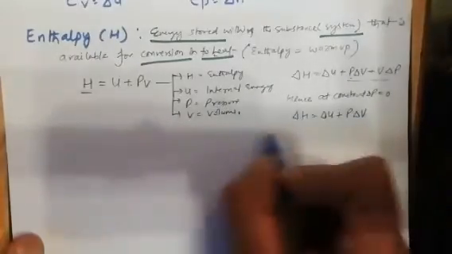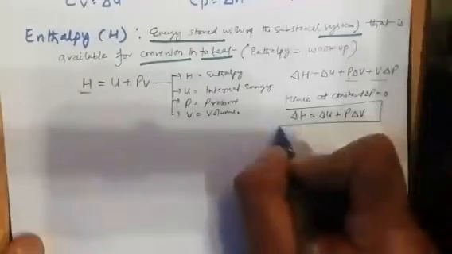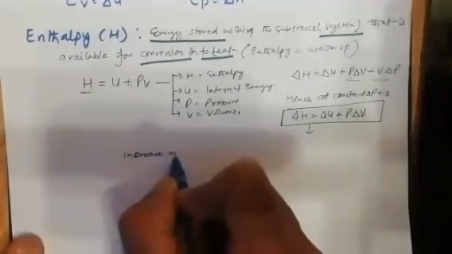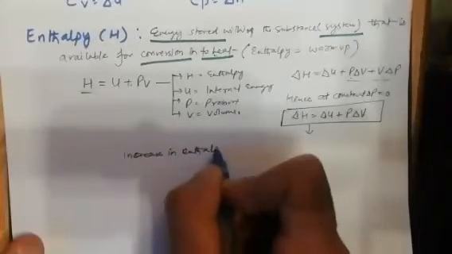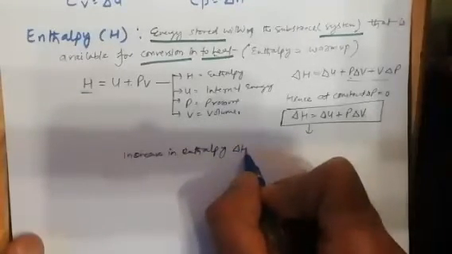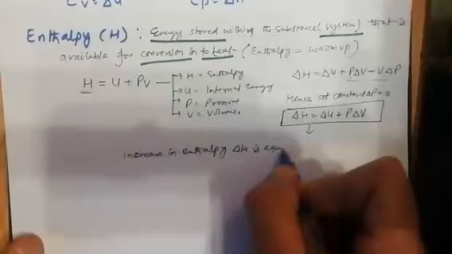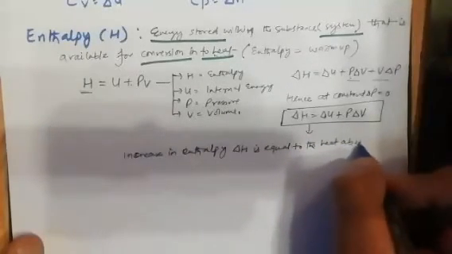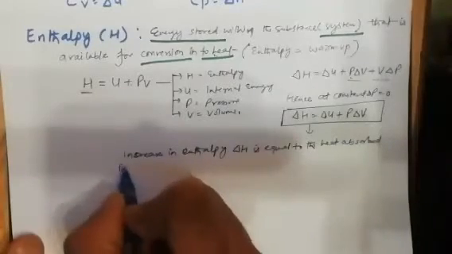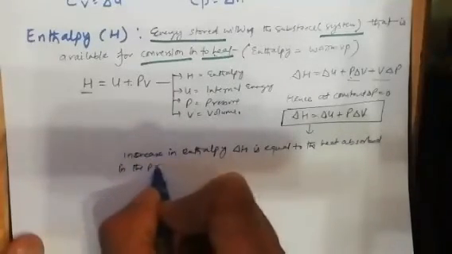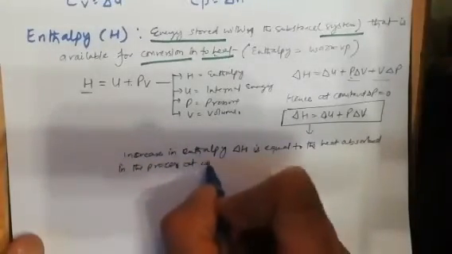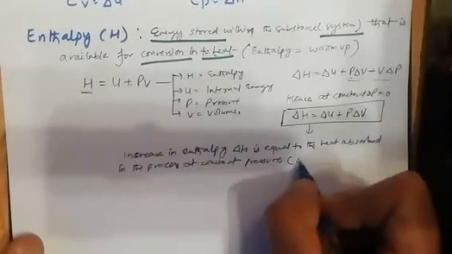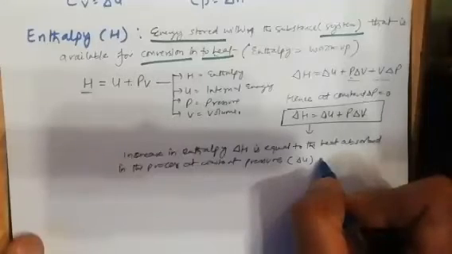Thus, what becomes the basic statement of this? It states that the increase in enthalpy, delta H, is equal to the heat absorbed in the process at constant pressure, when only pressure-volume work is done.